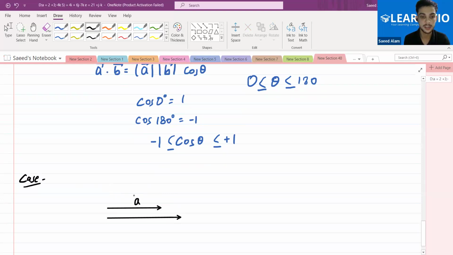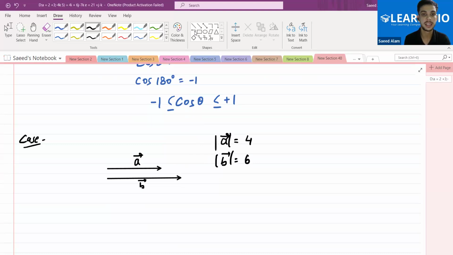Suppose the magnitude of A is 4, and the magnitude of B is 6. Now tell me what will be A dot B here?